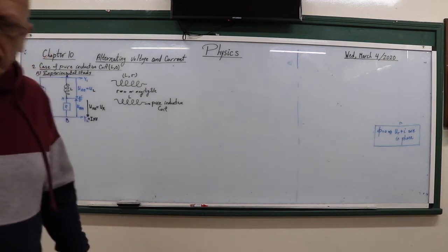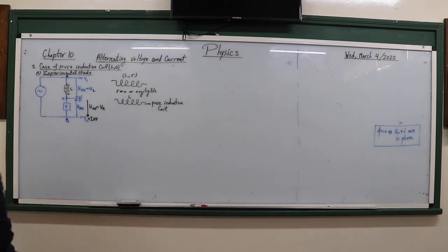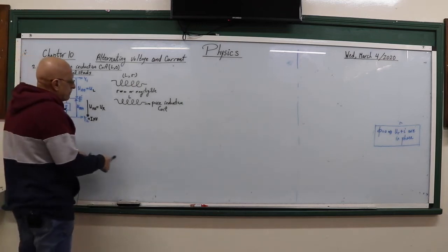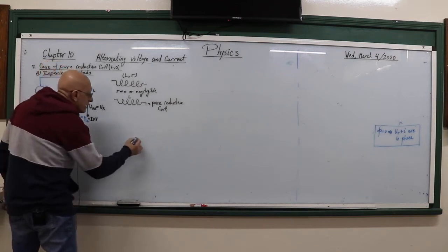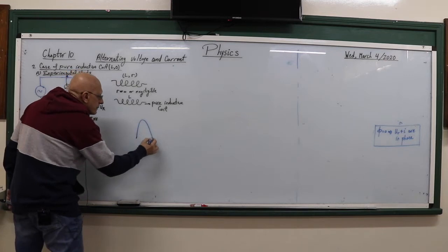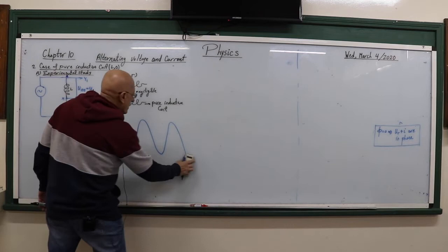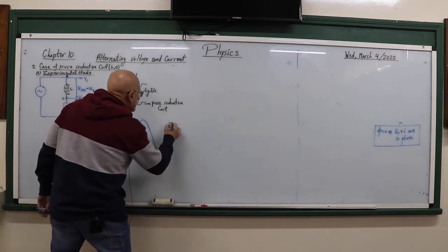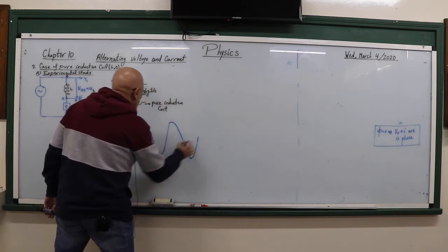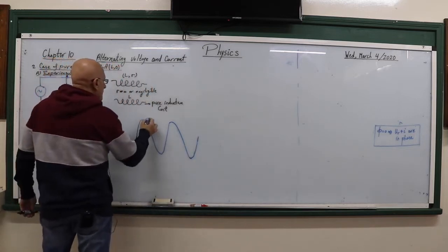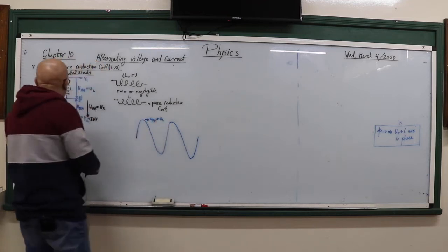Similar to that, we observe the two voltages. UAM will have the following shape, and this is UAM, which I am going to call UL.